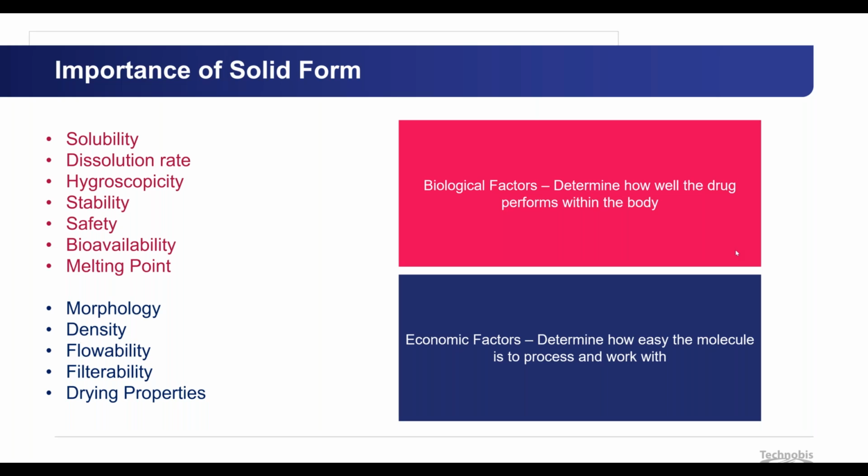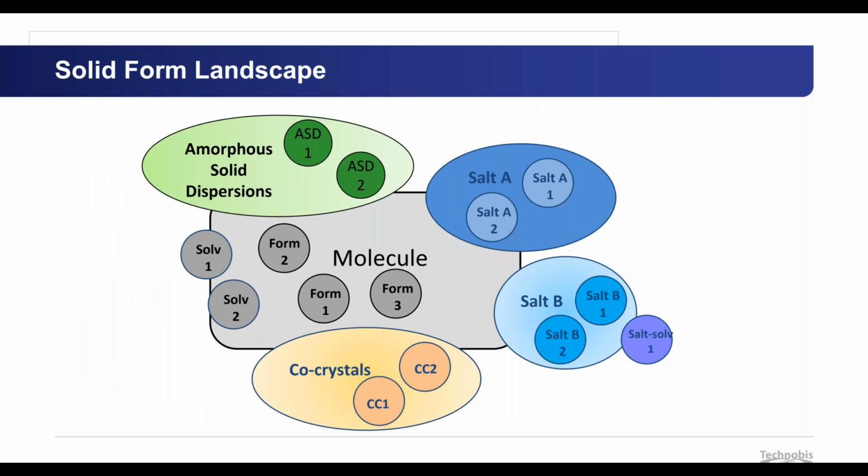And how do we actually start in the lab? We might start with a molecule. It could be that we already have a neutral molecule that can have different forms, polymorphic forms or solvated forms, hydrate, anhydrate.